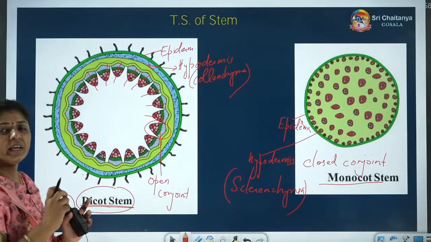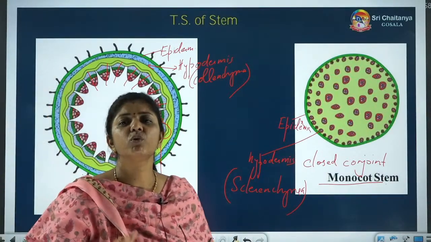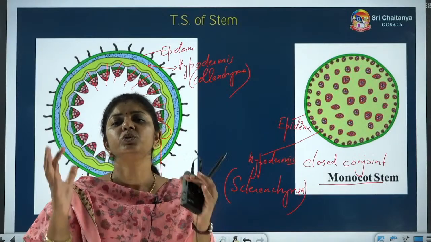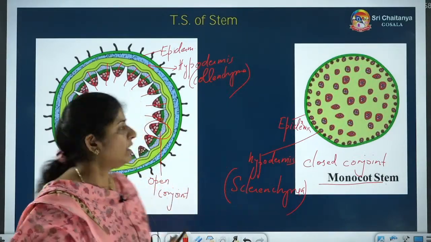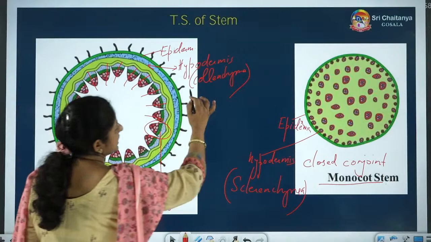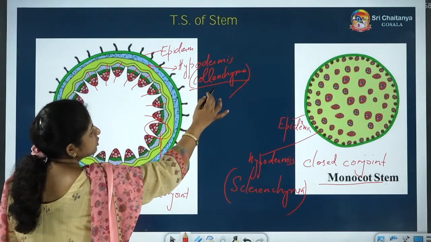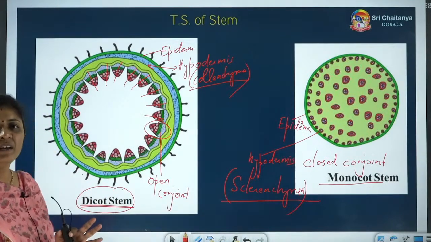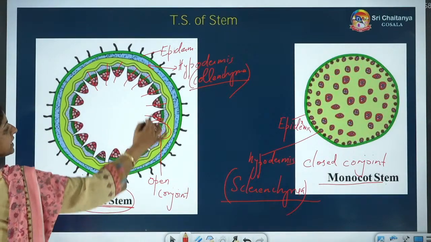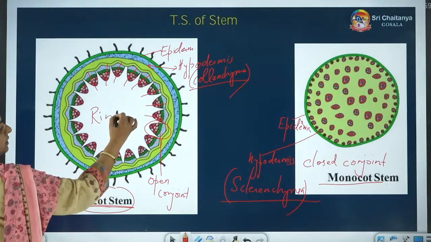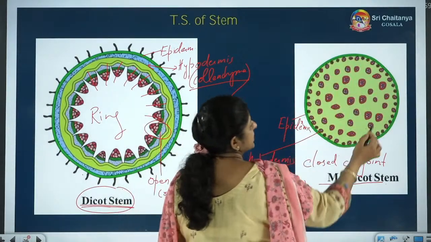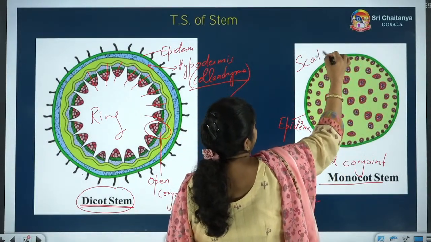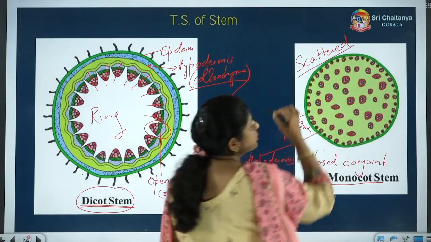I will not go into detail on this. Only in roots do we have to go into detail, just to introduce how tissues are arranged into an organ. Now here the major difference I told you: immediately after epidermis, Collenchyma; here immediately after epidermis, Sclerenchyma. And can you see here vascular bundles are arranged in a ring. Here all the vascular bundles are scattered. What do you mean by vascular bundle?